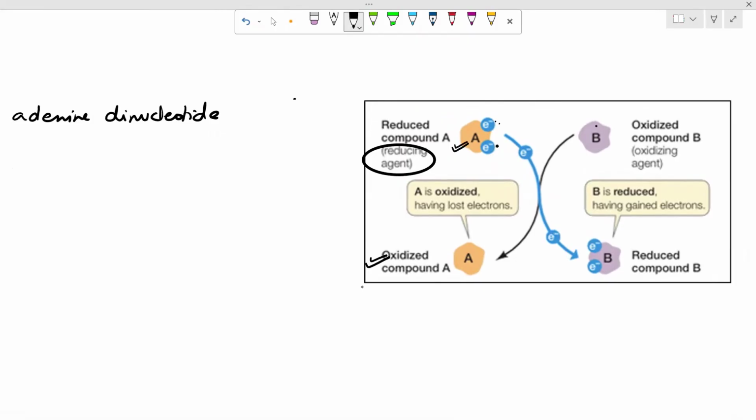Now someone else, suppose example here B. B is the one which is accepting the electron, so B will get reduced, but by accepting the electron, it is making A oxidize, so it works as an oxidizing agent. These terms are very important to understand because in our cell respiration, we'll be using these terms again and again.